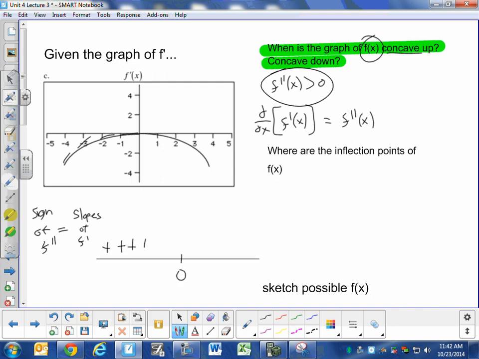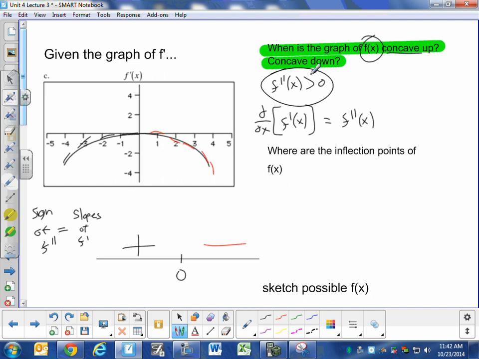Positive slopes, positive slopes, positive slopes. We don't even need all those pluses. We just can say they are all positive. To the right of 0, all of these slopes of the tangents of f prime are negative. So the values of f double prime to the right of 0 are negative.